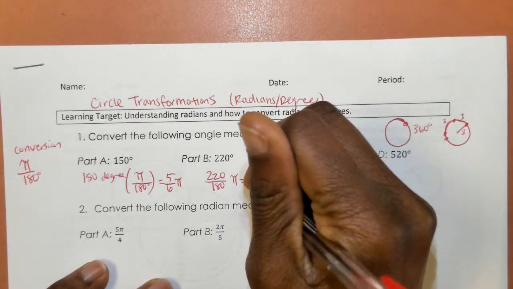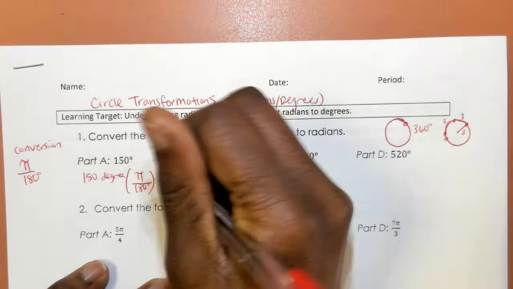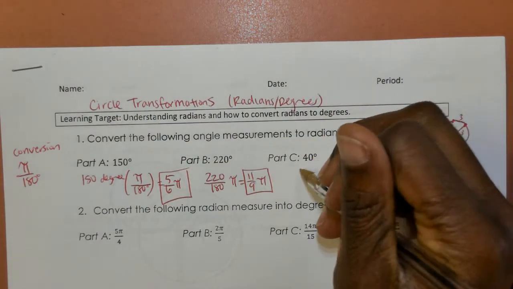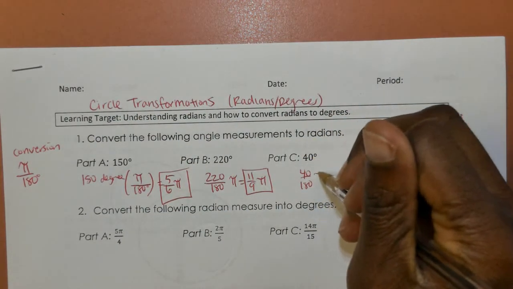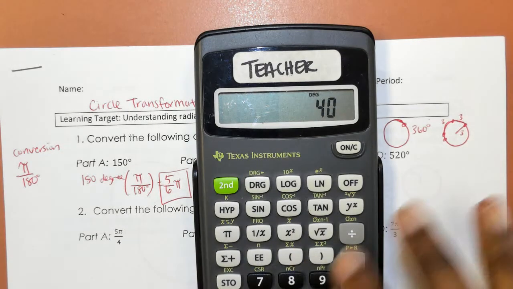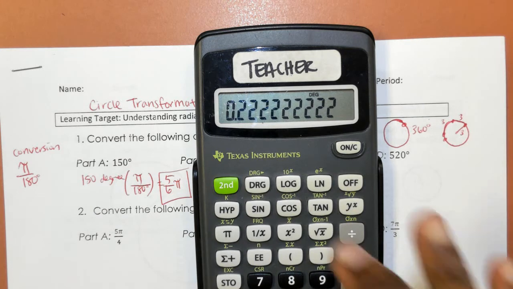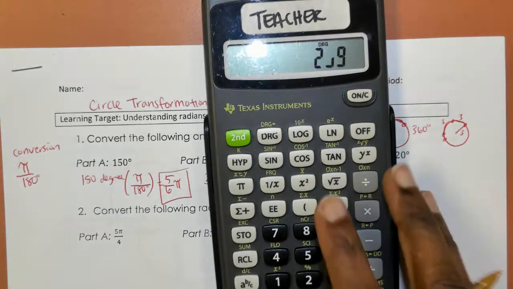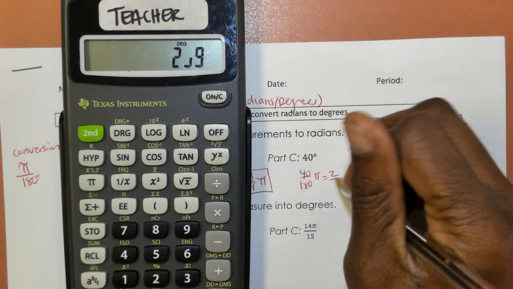So this is 11/9 pi. Okay, and all of these are just dividing by 180, and then putting pi on the simplified fraction. So whatever you get when you do 40 divided by 180, and then changing that to a fraction is 2/9 pi.